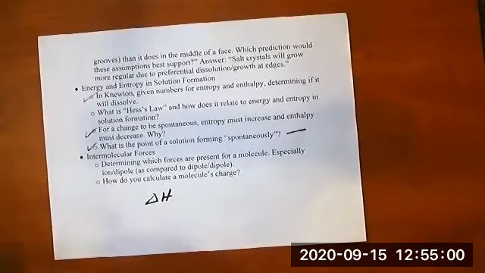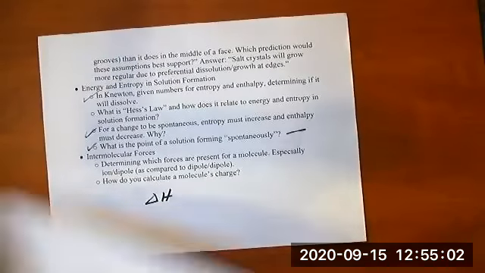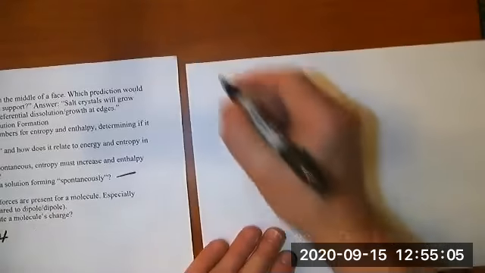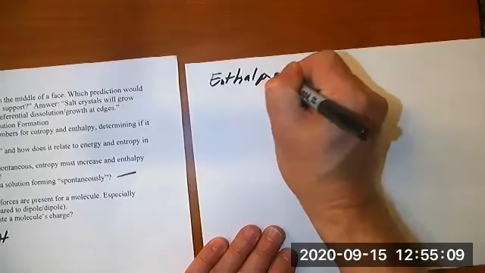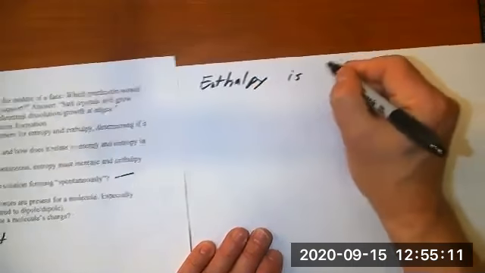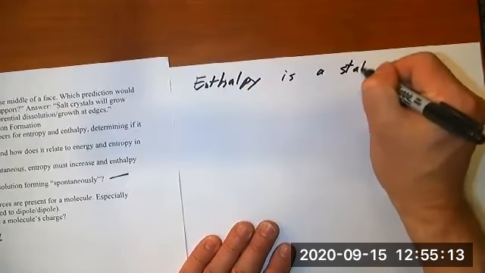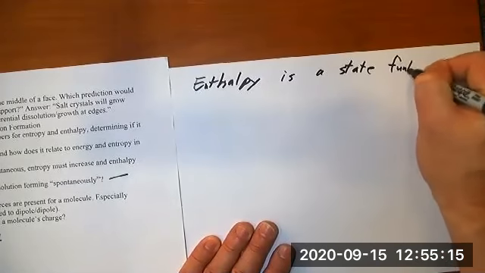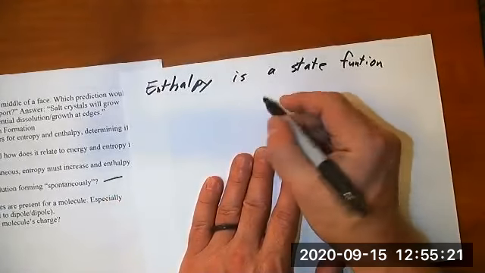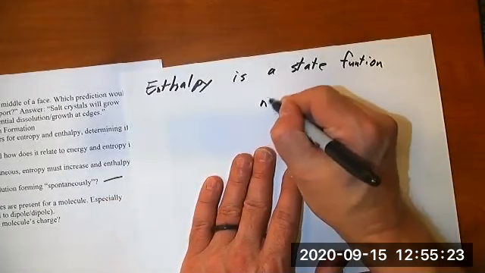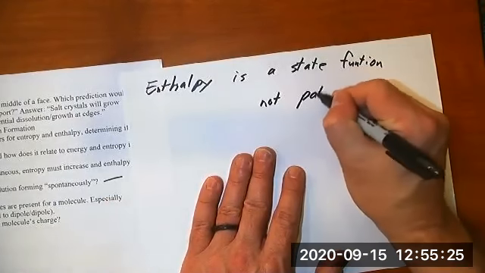And the idea of Hess's law is that enthalpy is a state function. Okay. A state function here is something being contrasted with a path function.